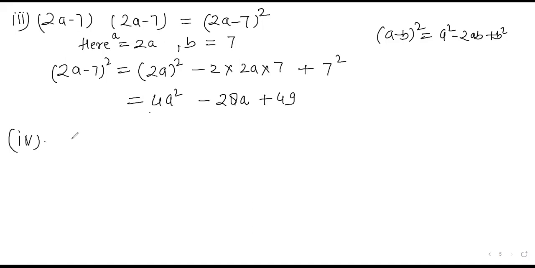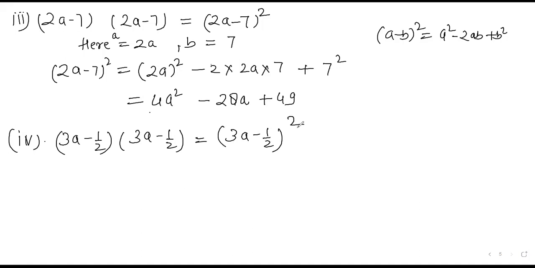Now the fourth part is coming to you, that is 3a minus 1 by 2 and 3a minus 1 by 2, right? So it will be written as 3a minus 1 by 2 whole square. Okay. Now if you compare here, in place of a, that is 3a, and b is equals to 1 by 2. You will write this identity here also in the bracket, copy this one.